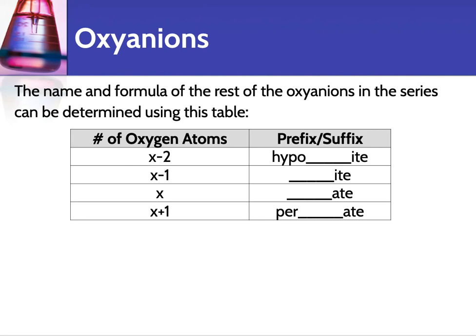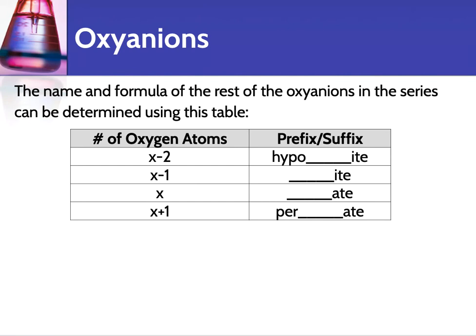So that means X is 4. And then if you take 1 away, X becomes 3 in this case, and you change the ending from "ate" to "ite." So it becomes sulfite. And then when you take another oxygen away, so now there'd be 2, you add hypo in front of it. So you would have hyposulfite.